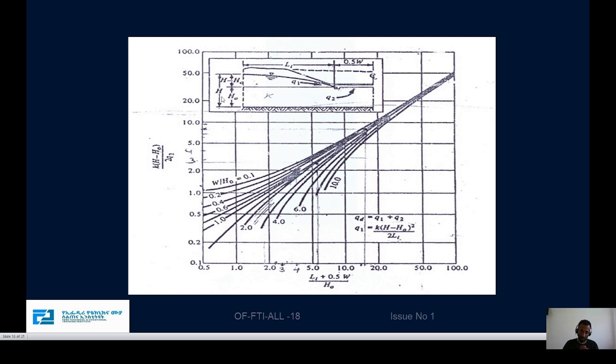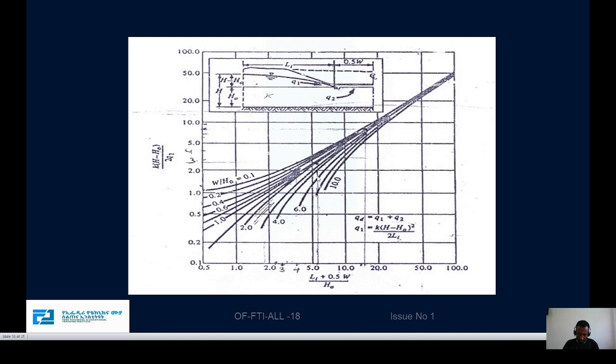H is the total thickness, and W is half of the width of the road from the center line. We use K, the infiltration rate, times H minus H naught, the thickness, over 2 times Q, the discharge. These are empirical formulas, with the infiltration rate plus 0.5 times W, the width, and H naught.